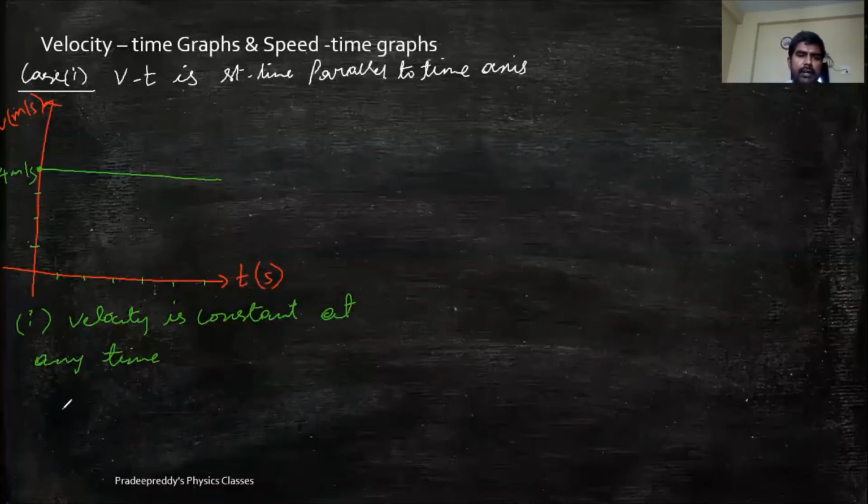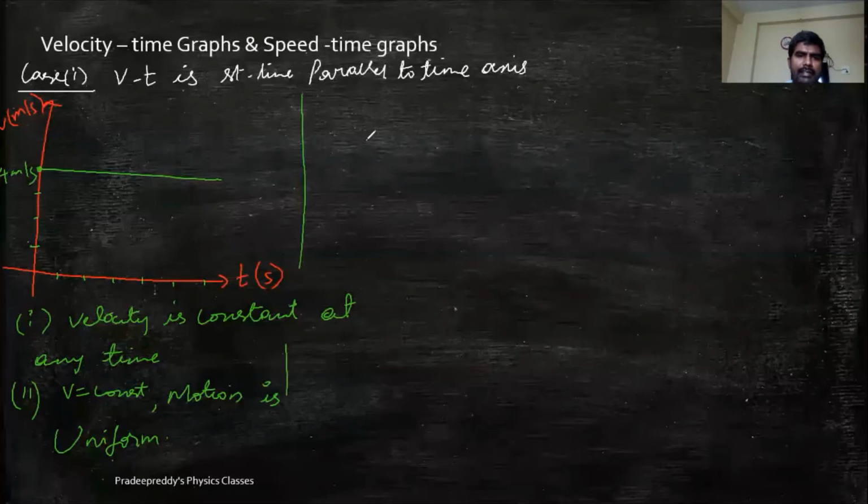If velocity is constant at any time, that means V is equal to constant. What does it mean? Motion is uniform. If motion is uniform, what about delta V? Delta V is equal to 0, is it not? Final velocity minus initial velocity: 4 minus 4 becomes 0.